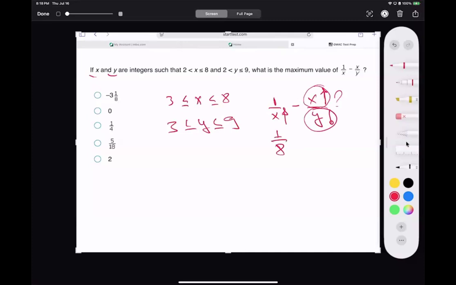Okay? 1 over 8 minus 8 over 2. Do you guys agree? Okay. 1 over 8 minus 8 divided by 2. 4 times 8, 32. There's something very wrong. Should I do the opposite?